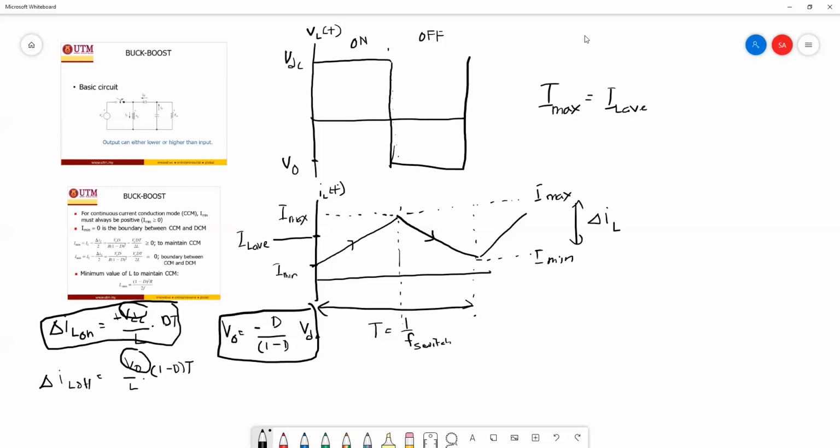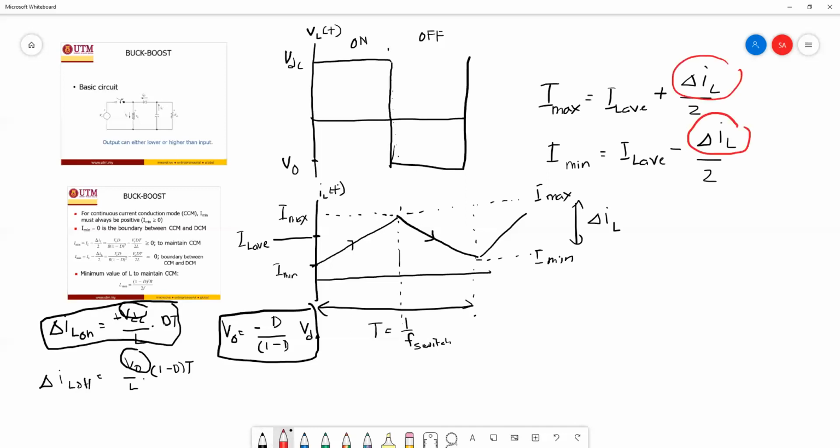So Imax is equal to IL average plus delta IL over 2, and I min is IL average minus delta IL over 2. Always remember that for this delta IL, you can use either delta IL on or delta IL off, but make sure that you use the magnitude only.